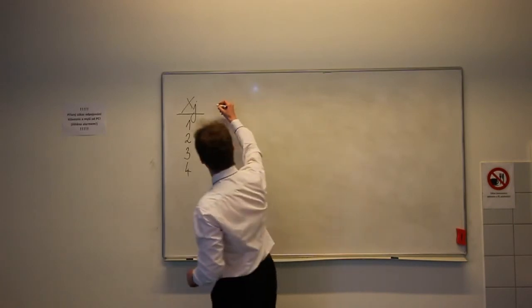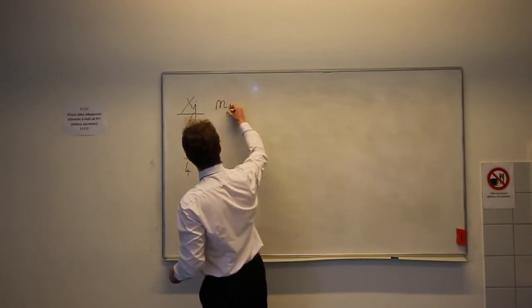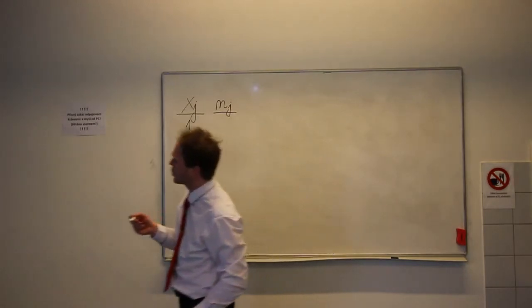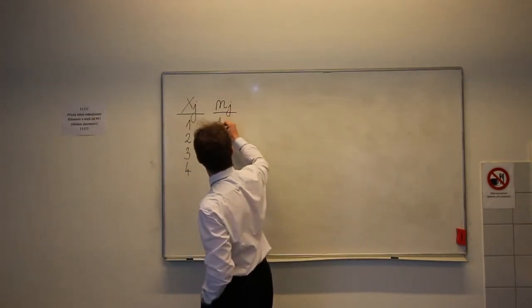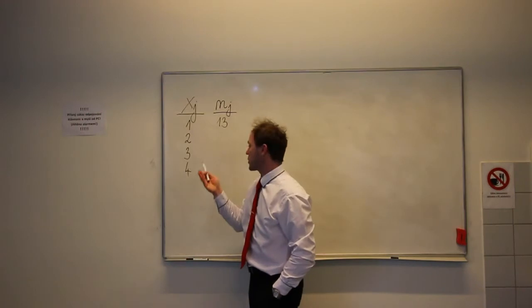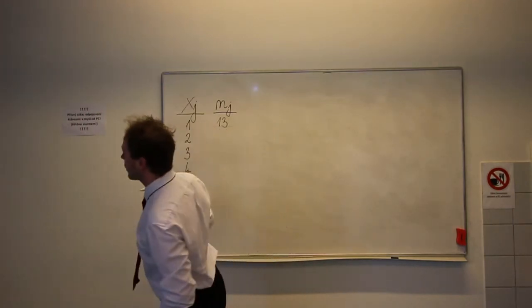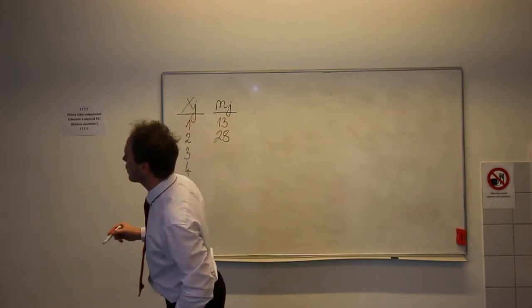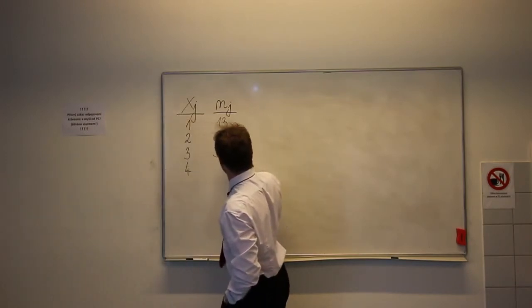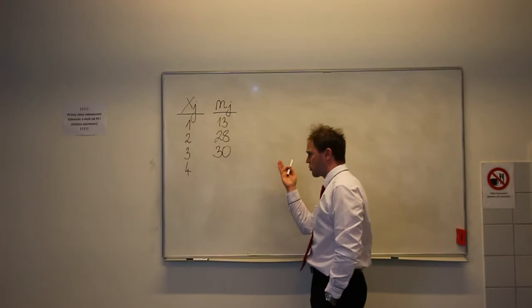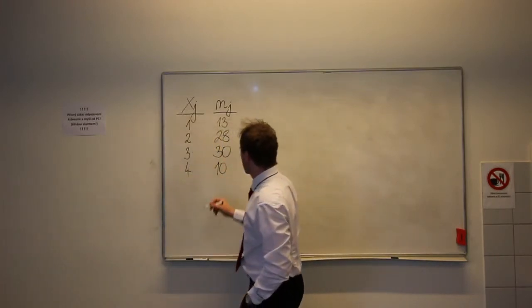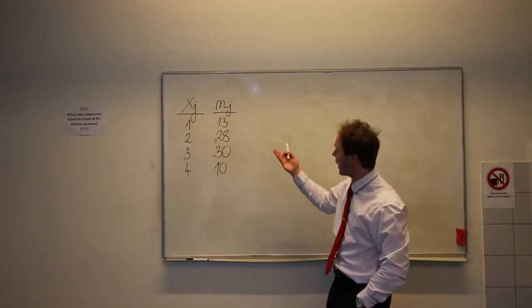Okay, and we know the number of observations nj, absolute frequencies. 13 students received grade 1, 28 students received grade 2, 30 students have grade 3, and unfortunately 10 students failed.